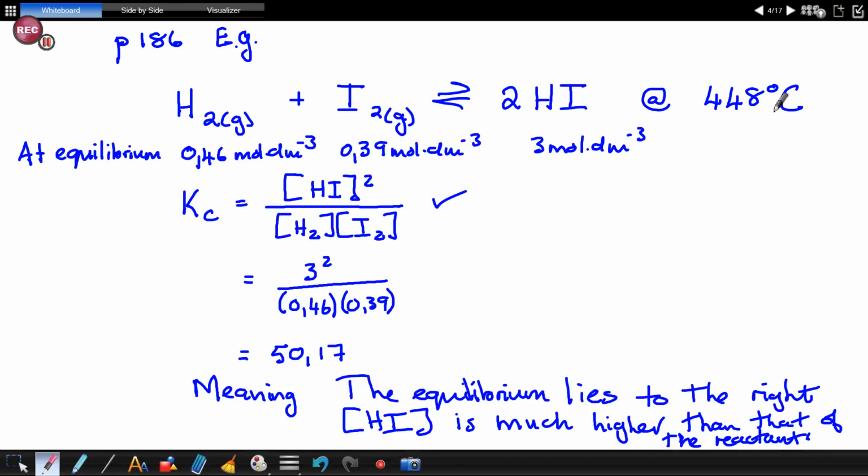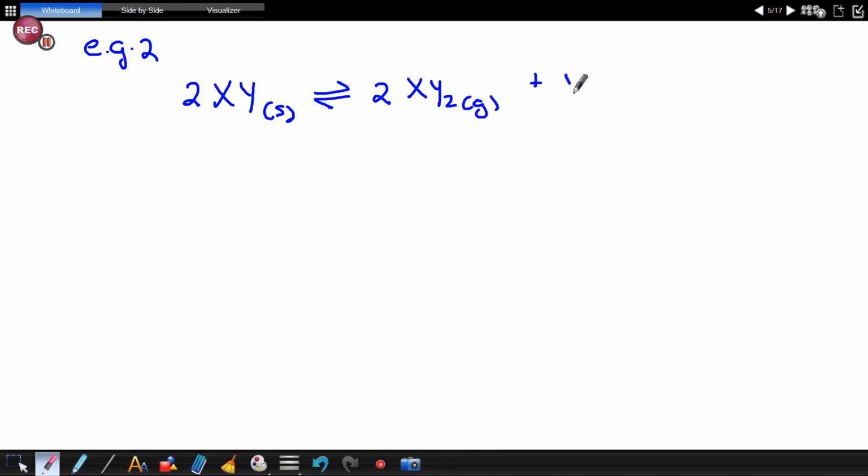So you've got 2XY, and they tell you that it's a solid. So that's a red light. It is in equilibrium with 2XY2 gas and Y2 gas.